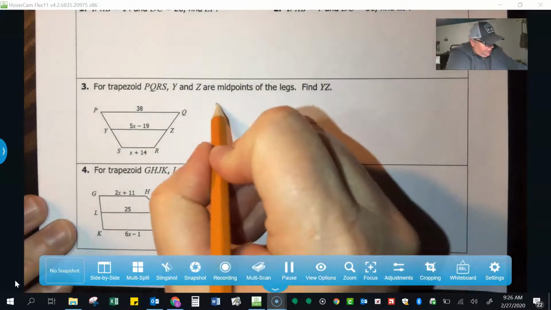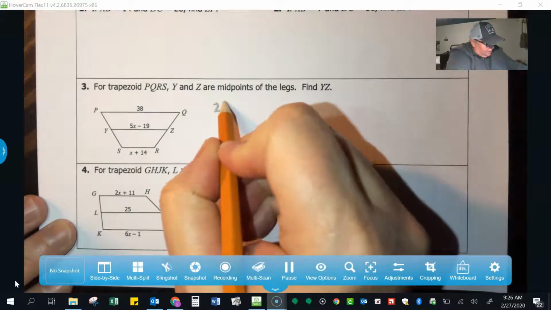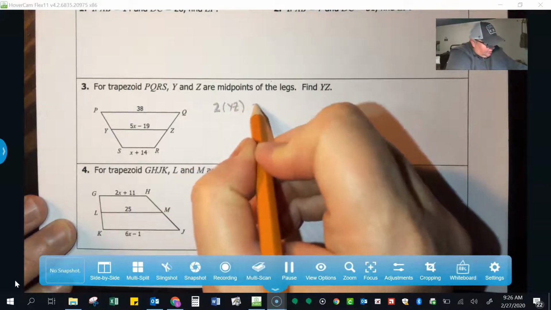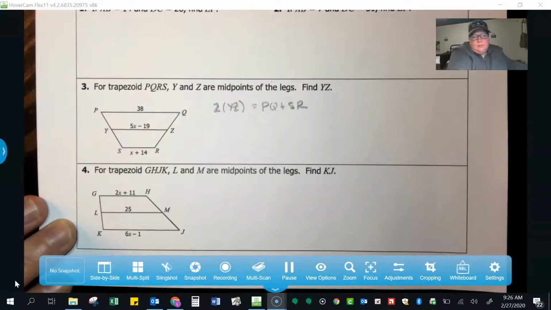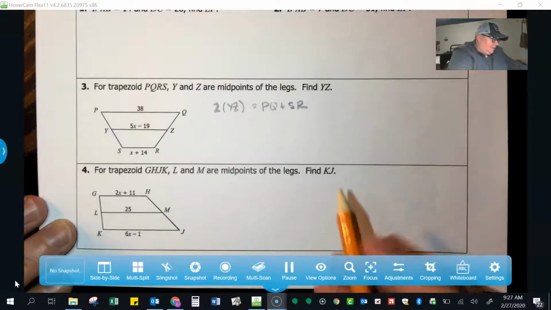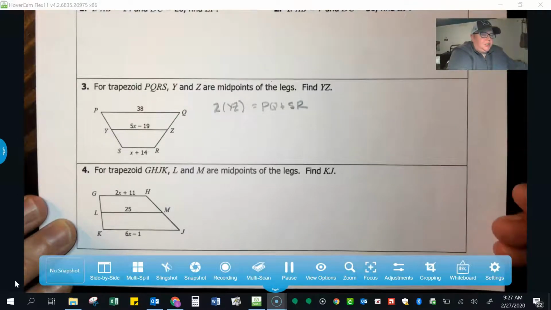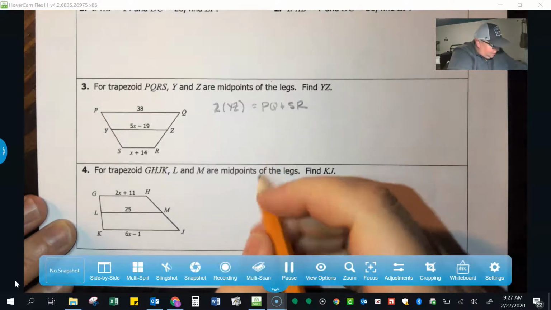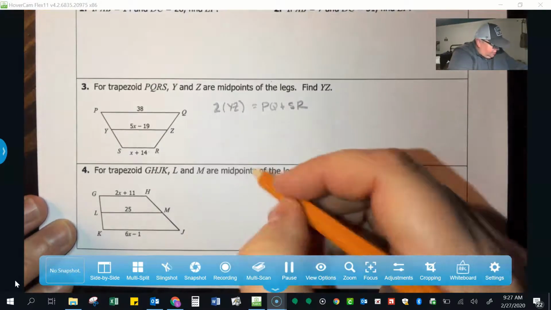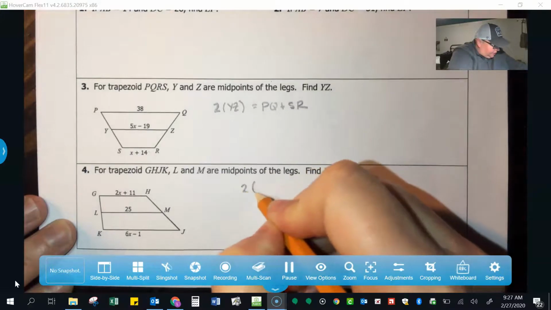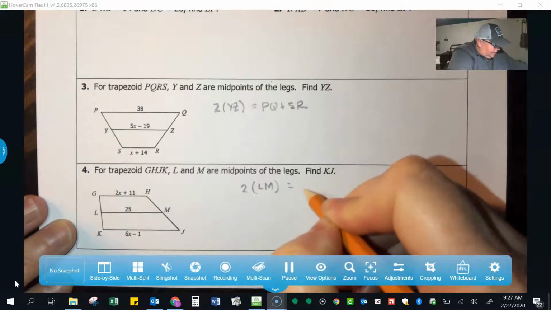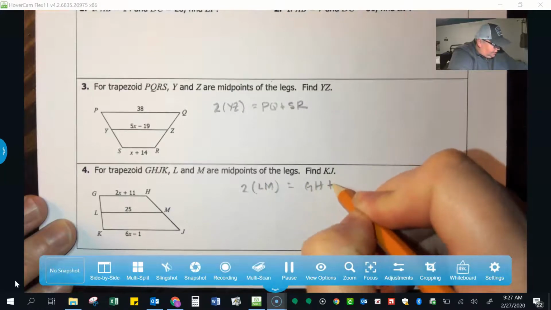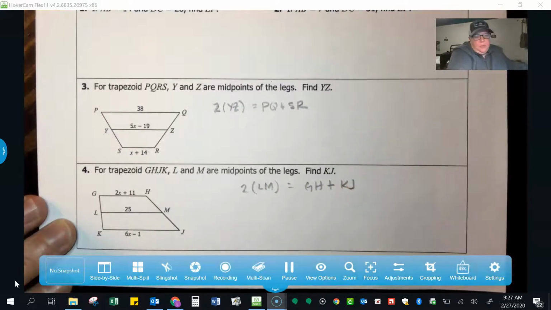It's easier to set it up like this: 2 times the mid-segment is equal to PQ plus SR. I don't know if it's always easier to set it up like this. I can't think of all the different cases, but in these two cases, it's definitely easier to say 2 times the mid-segment is the length of the sum of the bases.